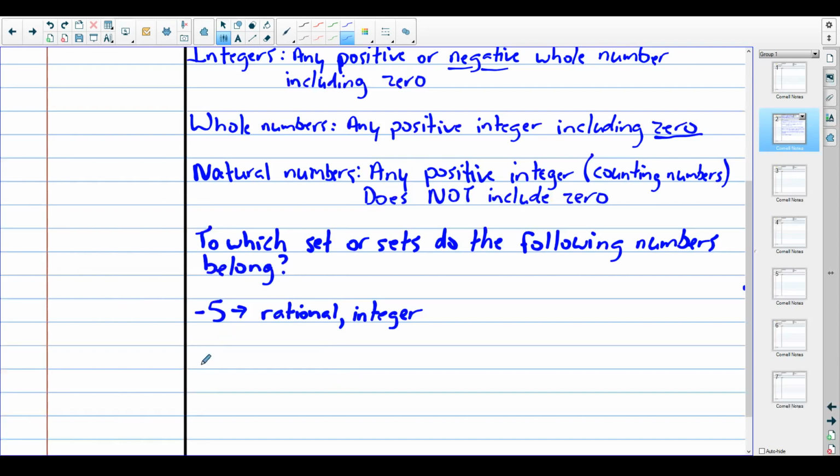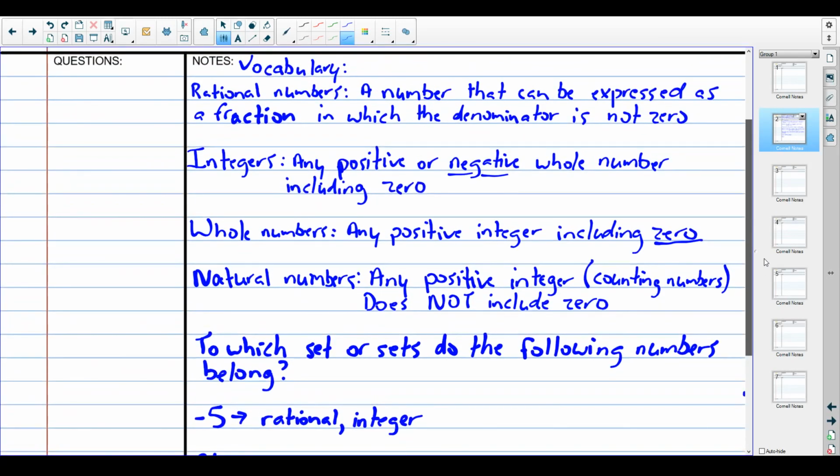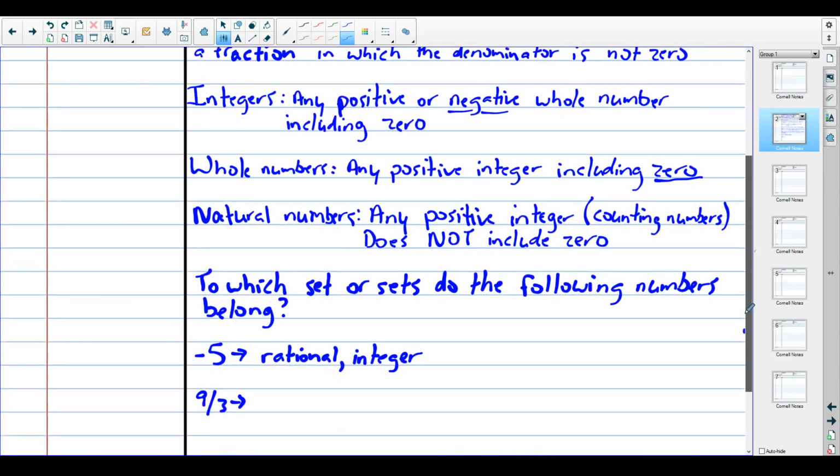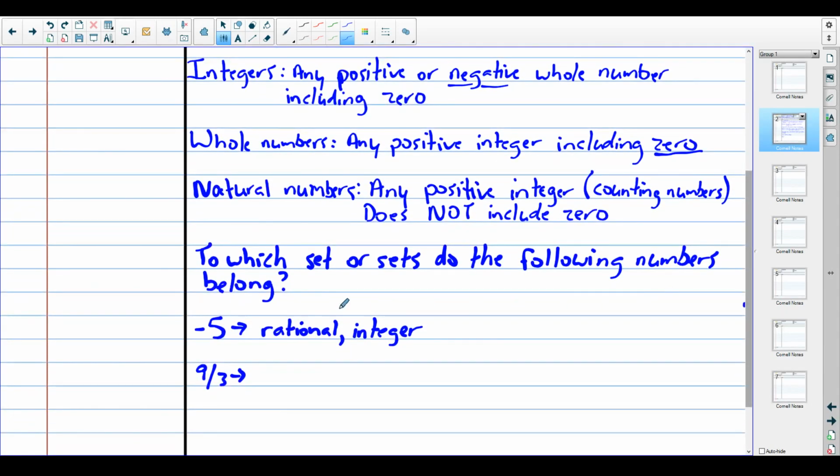Okay? Then our next one, which tries to throw a curveball at us, is 9/3. So let's start with the list. Can it be expressed as a fraction? Well, 9/3 is a fraction, so it can definitely be expressed as a fraction, because there it is.